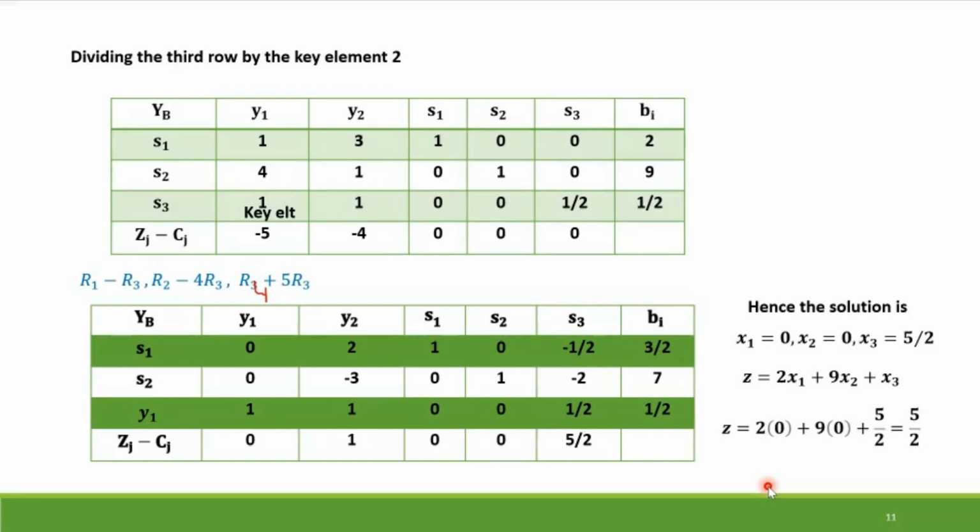Any doubt in this? How to calculate the values of x1, x2 from the dual? Normally what we did till now was y1 value 1 by 2, y2 value 0, etc. But here we have to find the values of x1, x2, x3. So see under the columns for the slack and surplus. If there is surplus, then also we can find it like this. Whatever is the last row of that column.